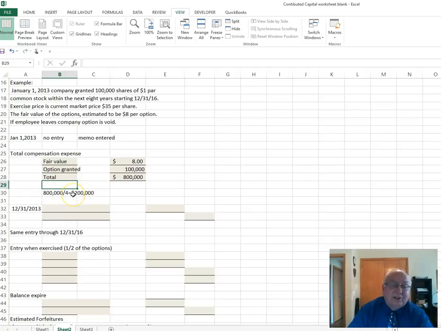But it's 4 years before they can start exercising it, so that's the vesting period, because you have 2013, 14, 15, and 16. So it's 4 years, so we have to recognize $200,000 a year.